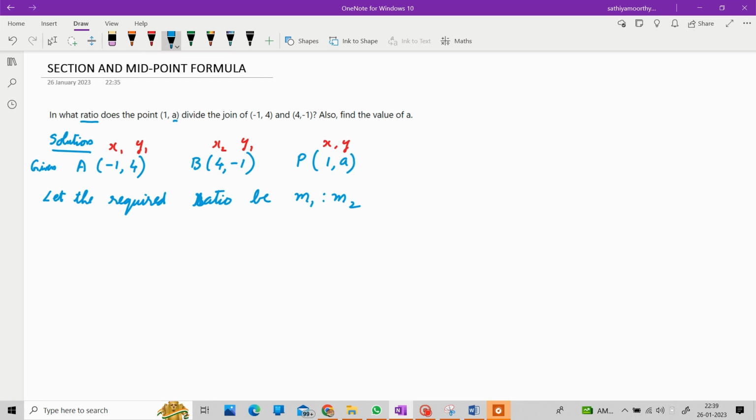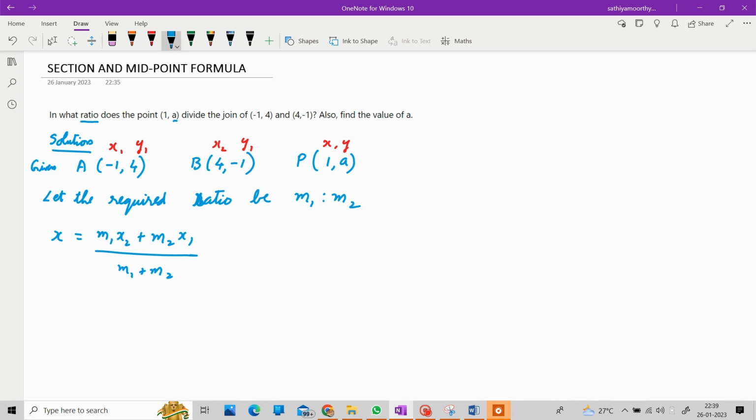So in this problem I know the value of x is equal to 1, so I am going to proceed with the x coordinate. If I know the y value, I have to proceed with the y coordinate. Now in this problem I know the value of x, so I am proceeding with the x coordinate. The section formula is x is equal to m1 x2 plus m2 x1 by m1 plus m2.